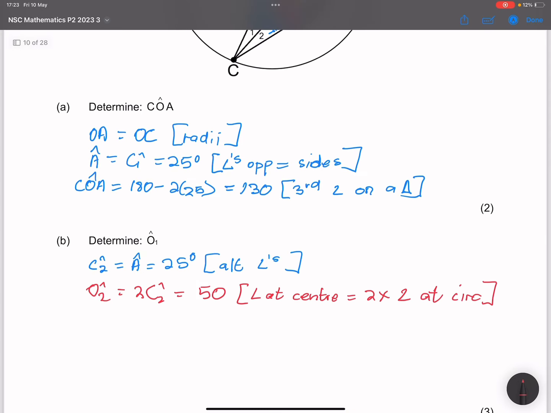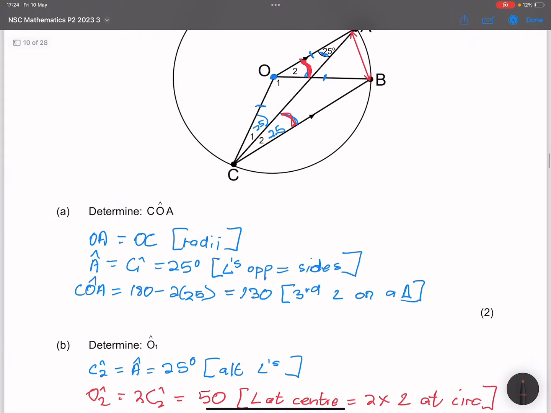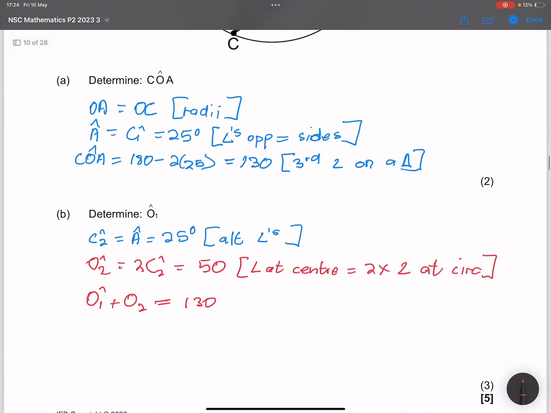And so to get O1, we said O1 plus O2 gave us COA, which is 130. So O1 plus O2 is COA, which is equal to 130. And so that means that O1 will be equal to 130 minus 50.